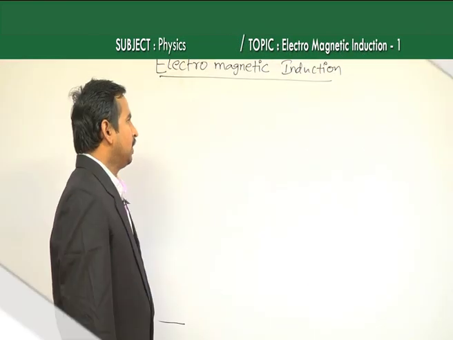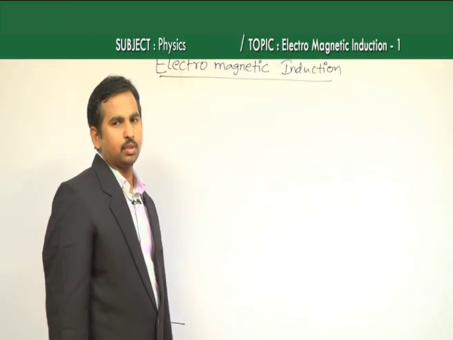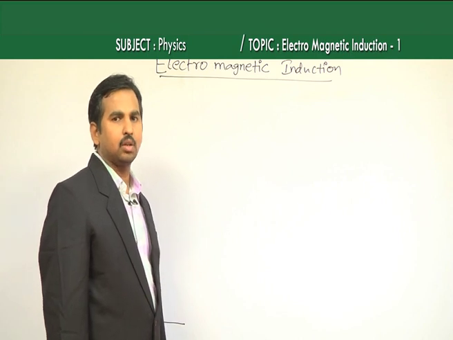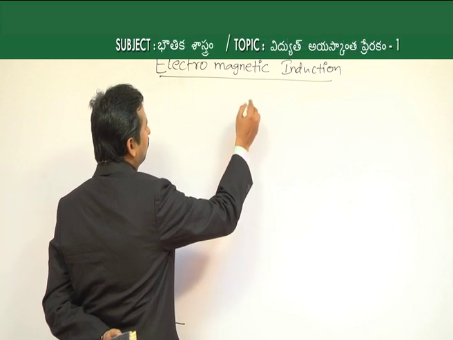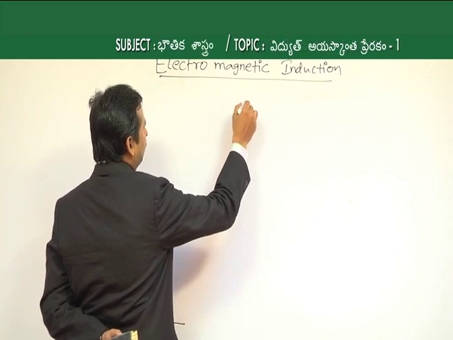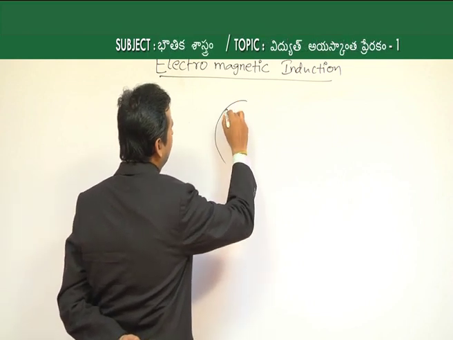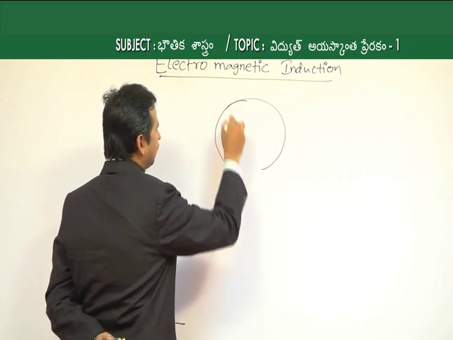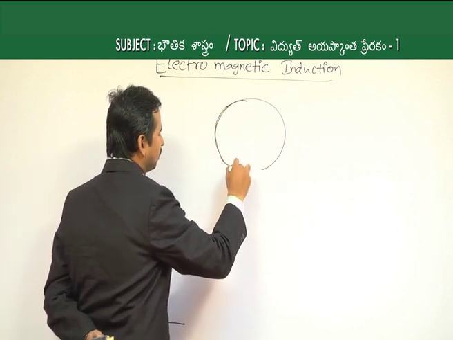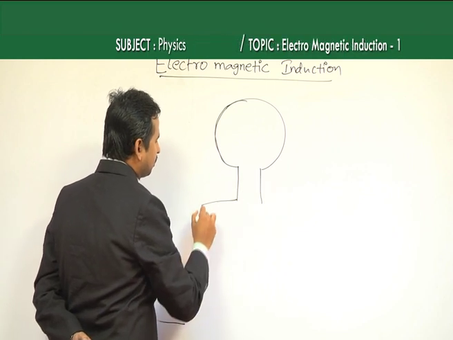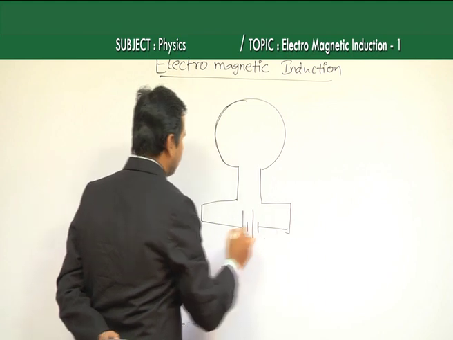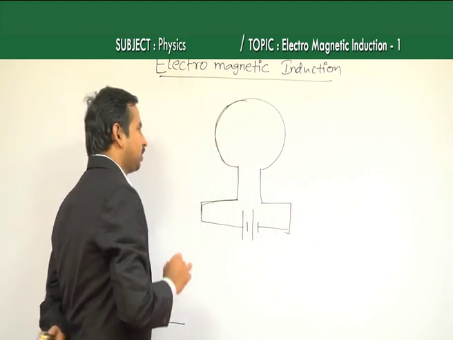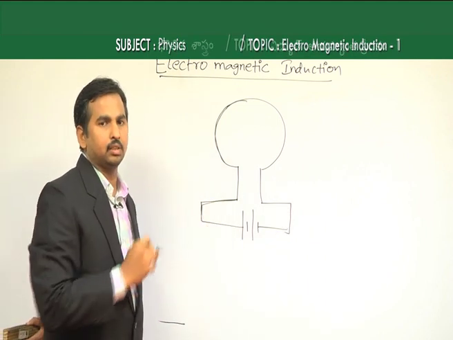Now, we are seeing the magnetic lines of forces, this time around a circular coil. A circular coil is nothing but a straight conducting wire that is bent like a circle. Like this, a current carrying wire is connected like a circle.